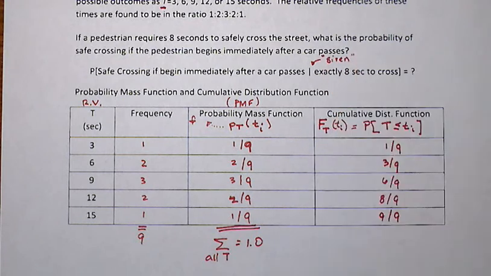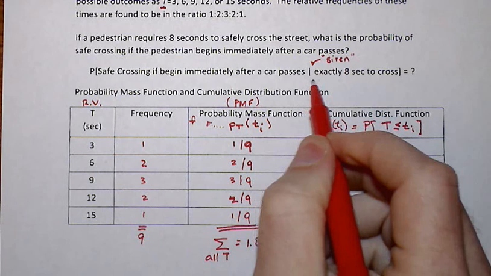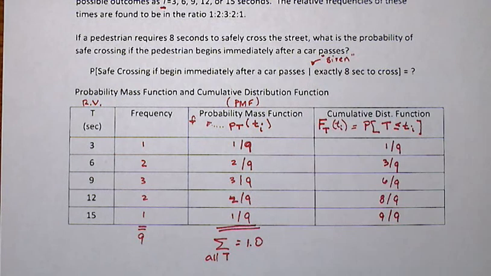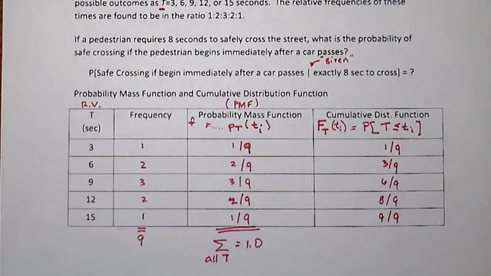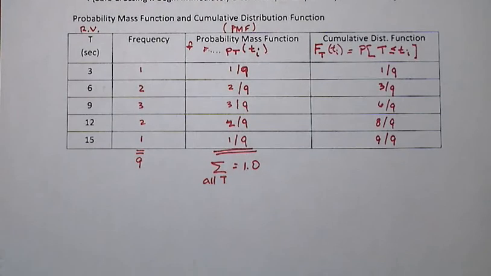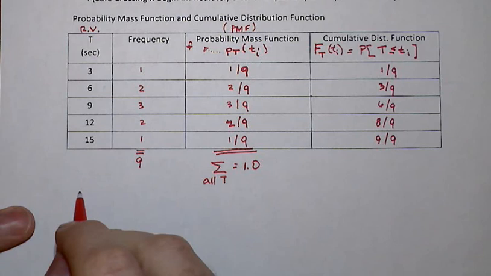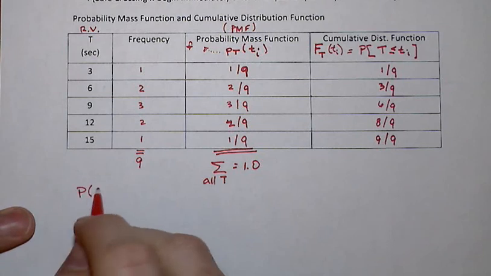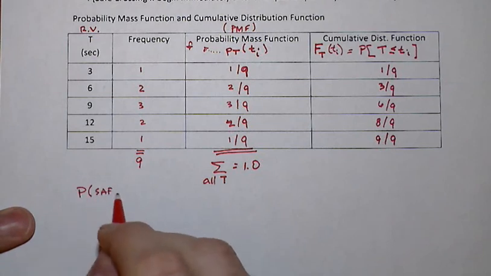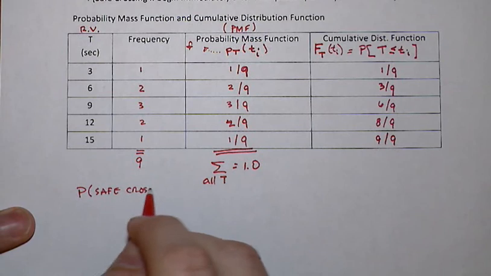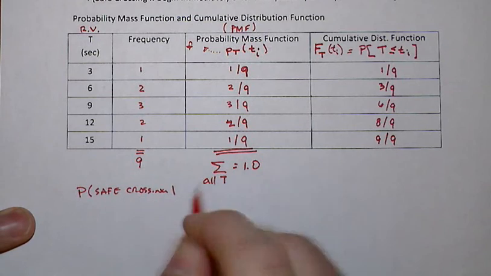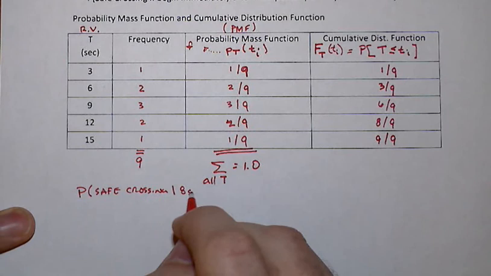This is also, in essence, what we call a conditional probability statement that we're going after as well. So that's what we're really trying to do here, looking at the probability of safe crossing given 8 seconds to cross.